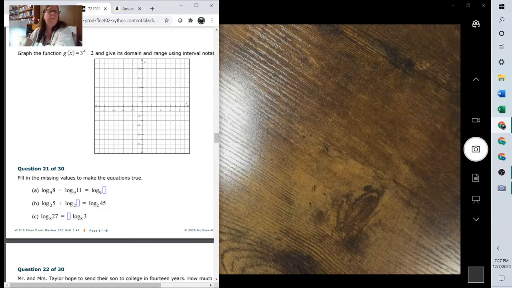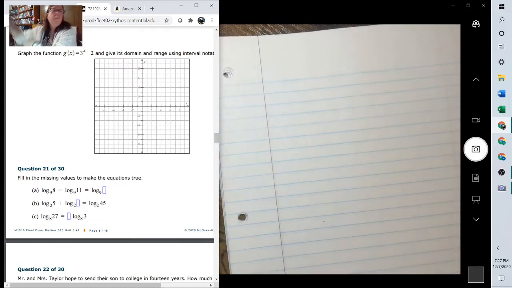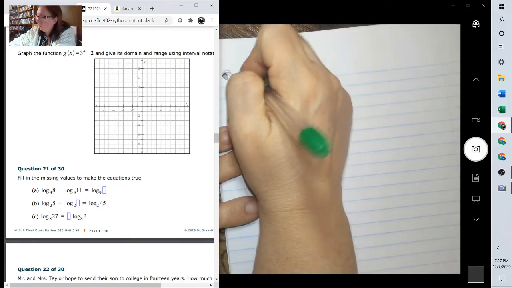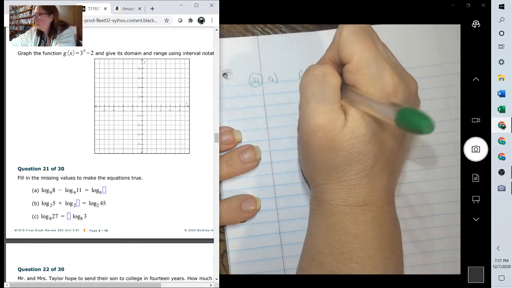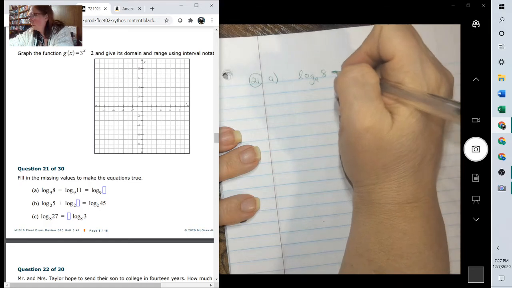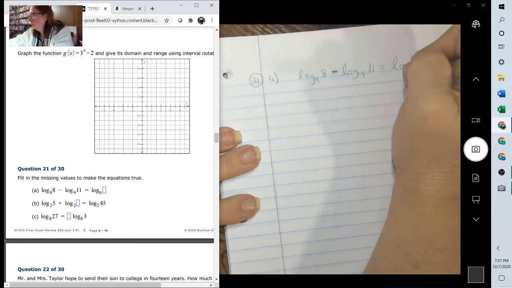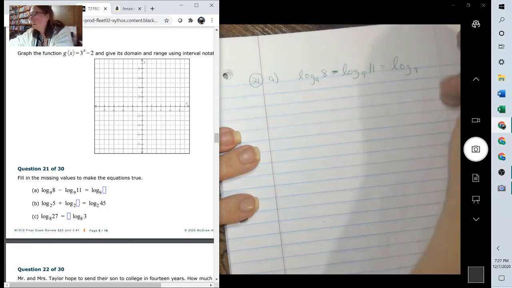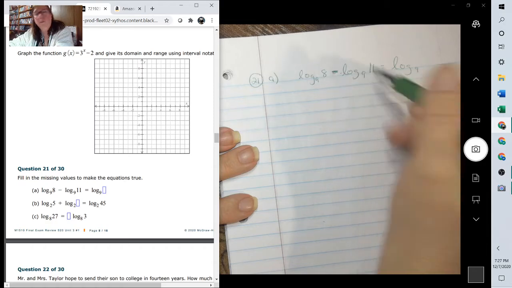These ones, so we have log base 9 of 8 minus log base 9 of 11. When you're subtracting, you divide, so it'll be 8 over 11.